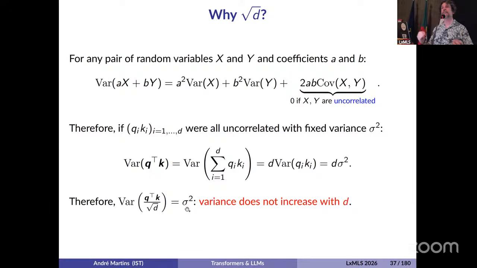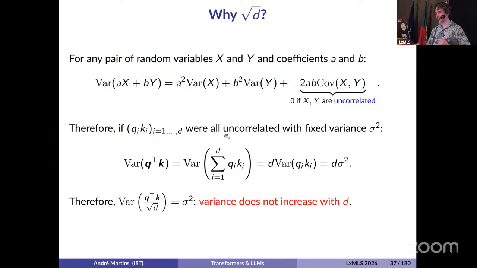So it's going to be independent of d. Basically we are ensuring by dividing by the square root of d that the variance is not going to increase or decrease with the dimensionality. So this is basically the reasoning that led to the square root of d. That and of course some empirical work to see that it works.